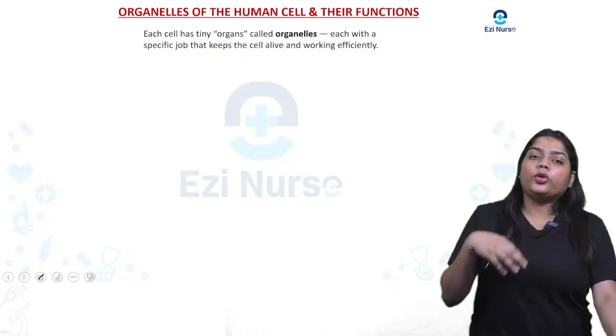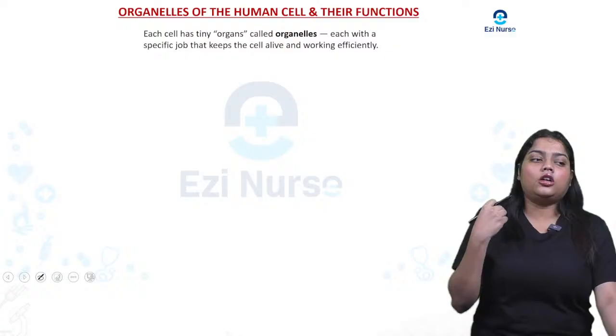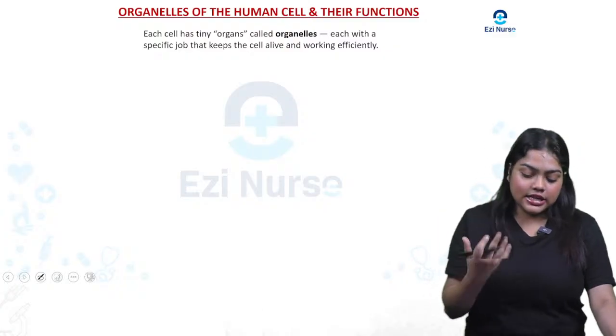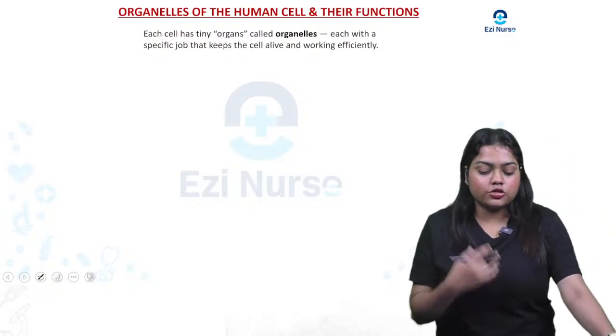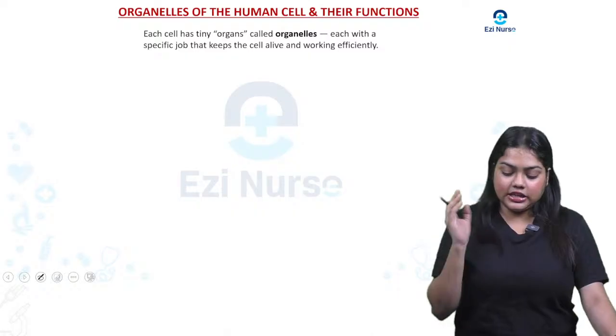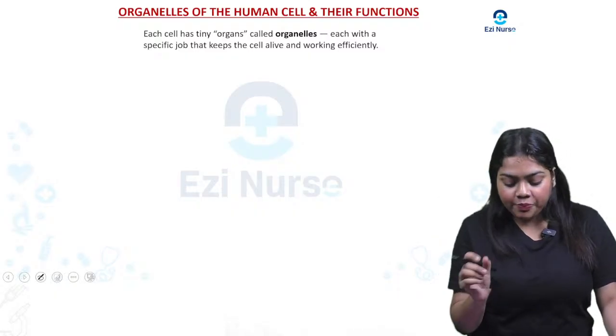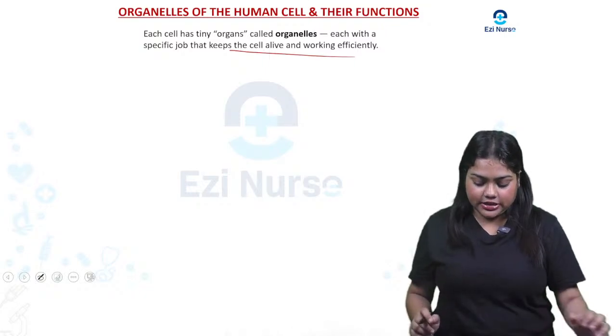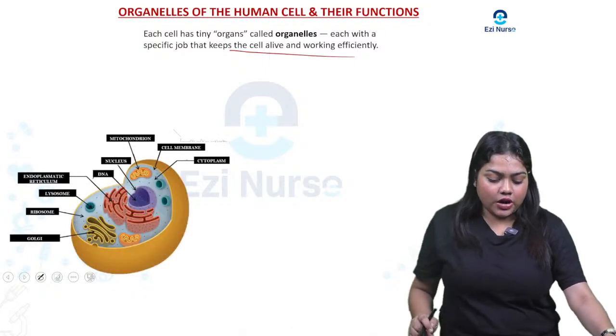But when we are doing it at a lower level, for microscopic cells, we call them organelles. Each cell has tiny organs called organelles, each with a specific job that keeps the cell alive and working efficiently.